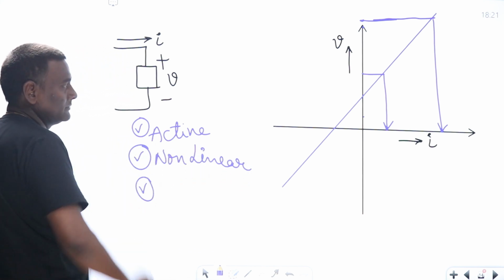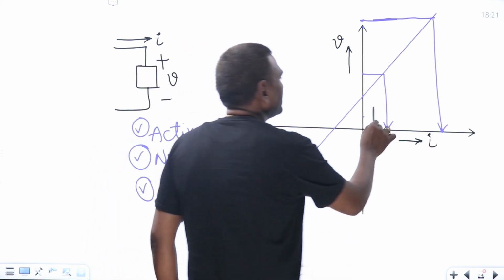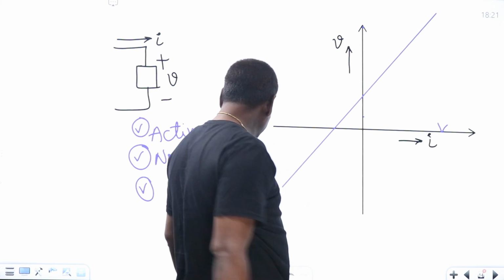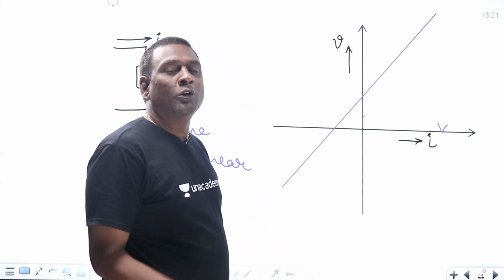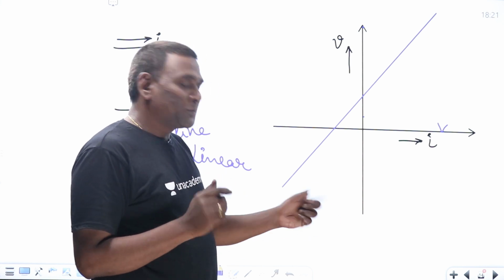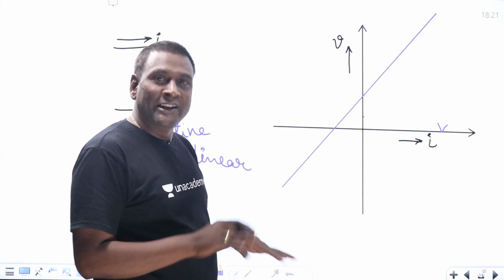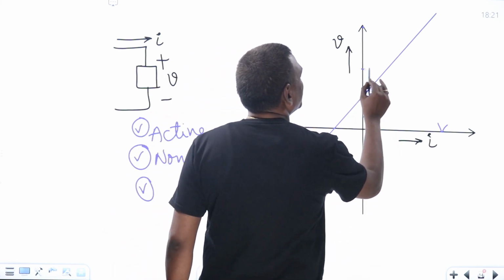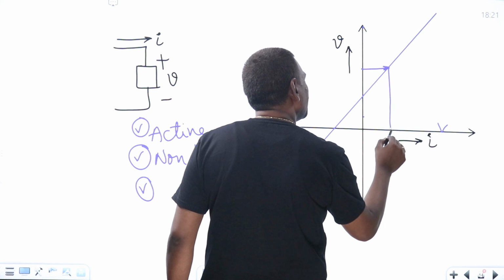And the third thing is, unilateral or bilateral, we have to decide. Unilateral or bilateral in the sense, if you change the polarity of the voltage, the current polarity has to be changed by the same magnitude, because the response to excitation, the transfer function, should be invariant. Let me think of applying this much voltage for this much current.